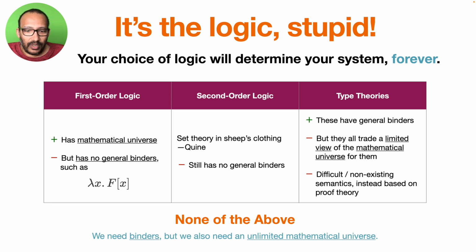For Practal, none of the above logics really cuts it for me. I want the facility of general binders, but I also want the unlimited freedom that I find in first order logic.